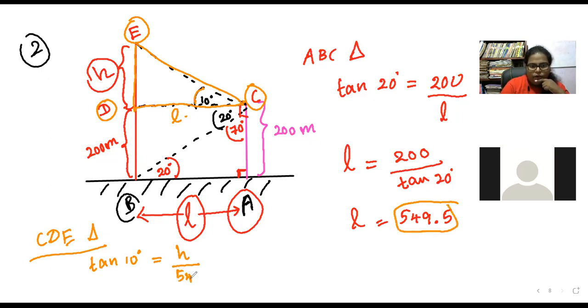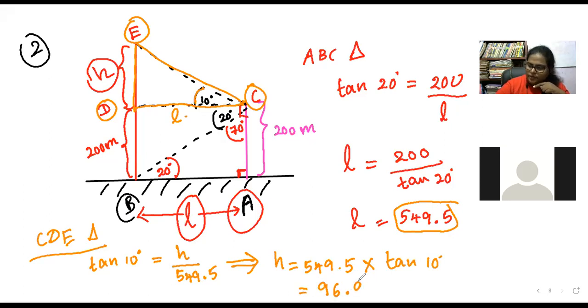So we can substitute this length for L. So it is 549.5. You can easily get the H value as 549.5 into tan 10. So you can get a value for this H as 96.9.